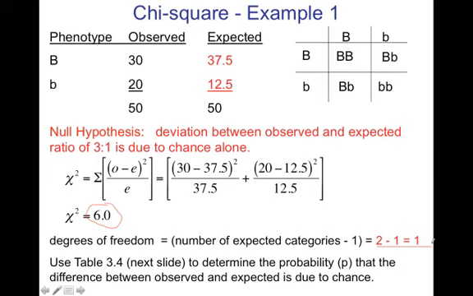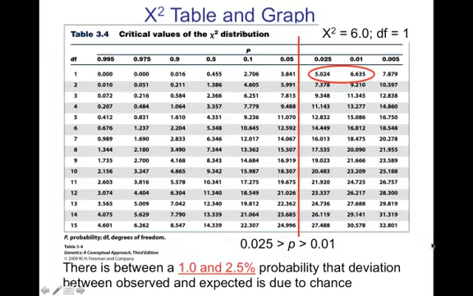And then we're going to use table 3.4 to determine the probabilities. Again, a table such as this one will be provided on the exam. So the only row we're going to look at here is this one, because it's where degrees of freedom 1 is. And we're going to see where our chi-square value, 6, falls.